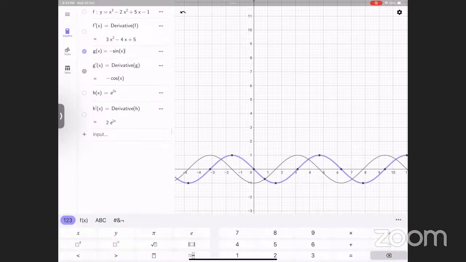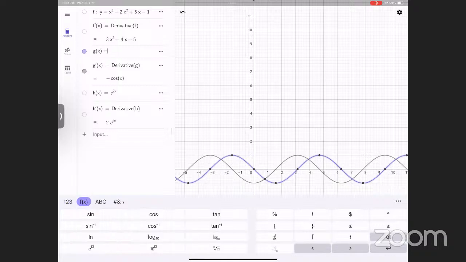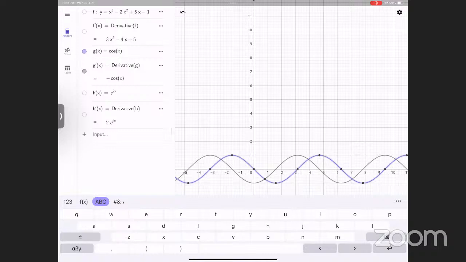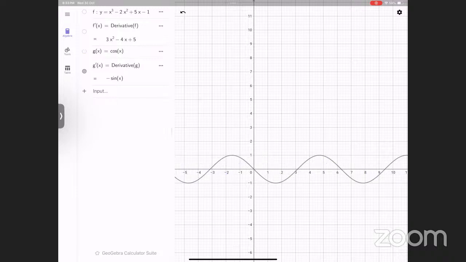Nice, right? If I change that to cosine x, it will nicely change to minus sine x. Your memorization is fine, right? I'm going to delete the derivatives for now.